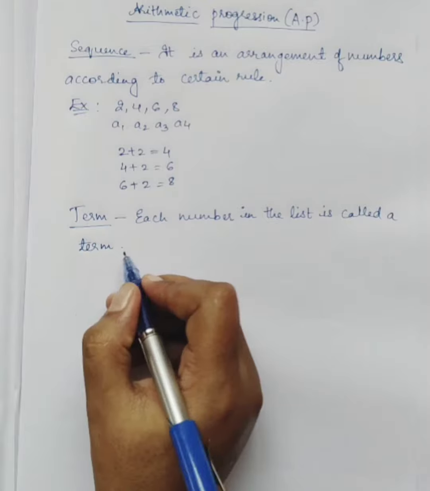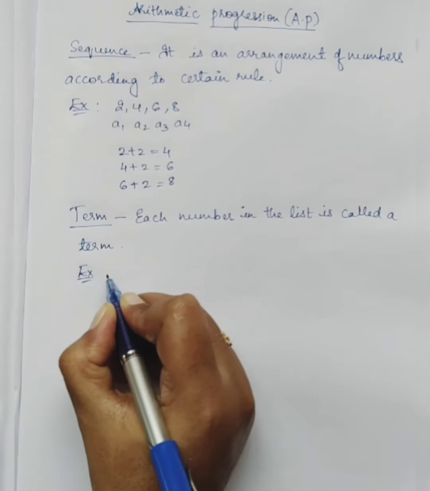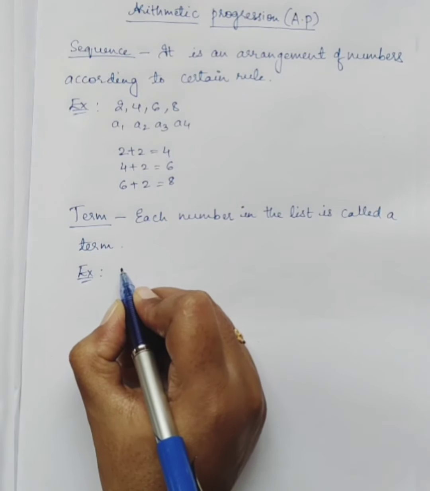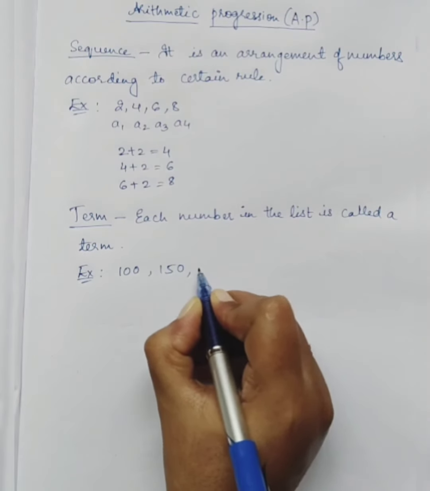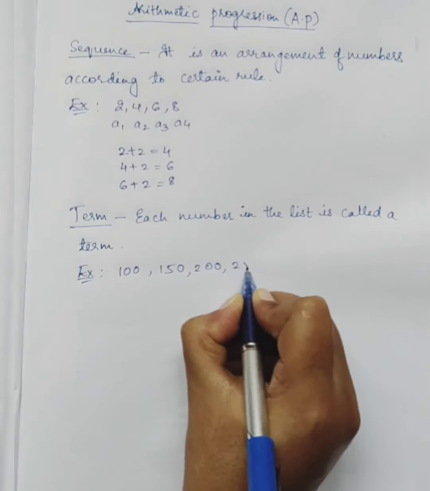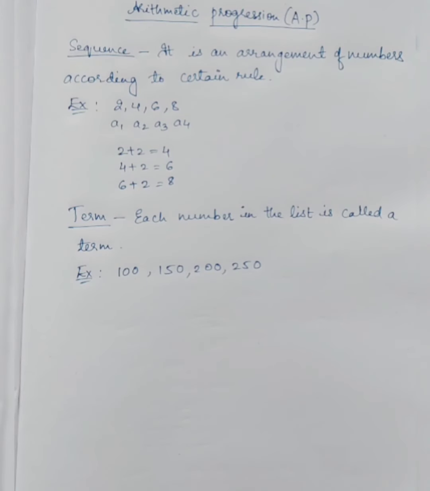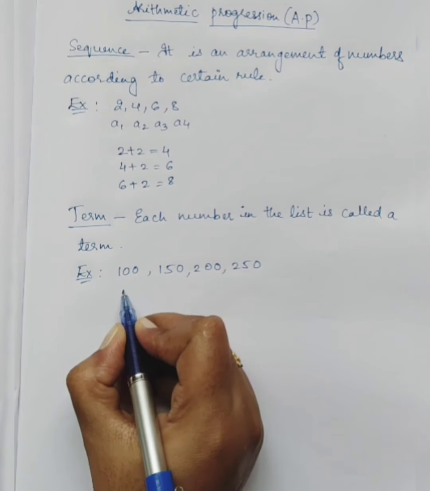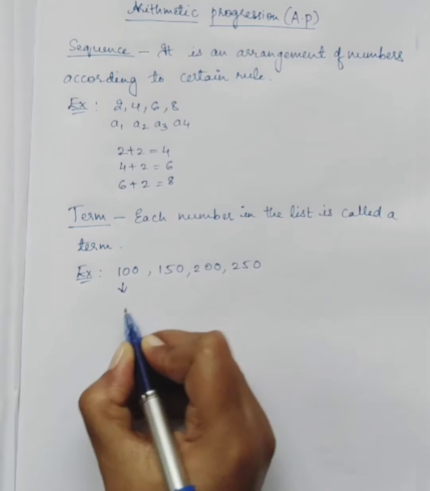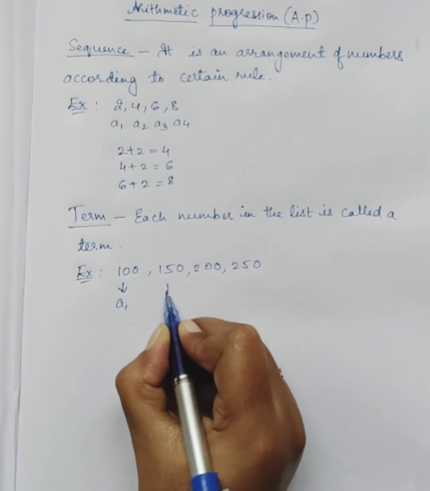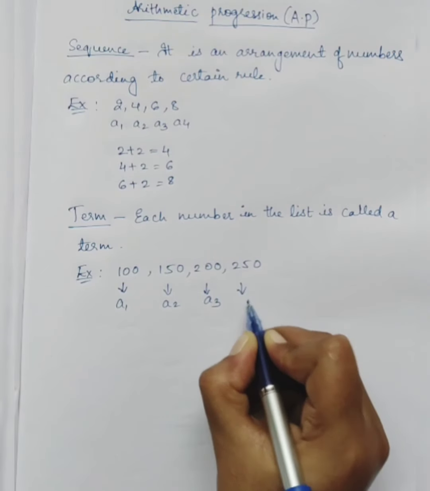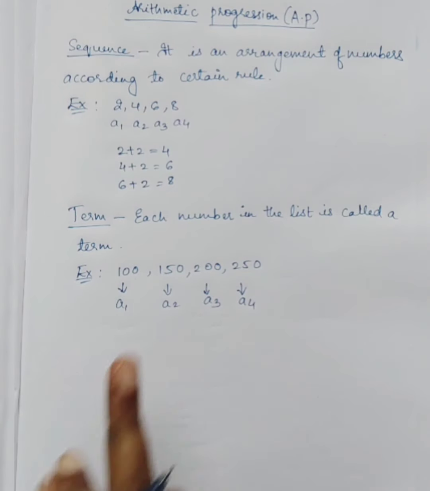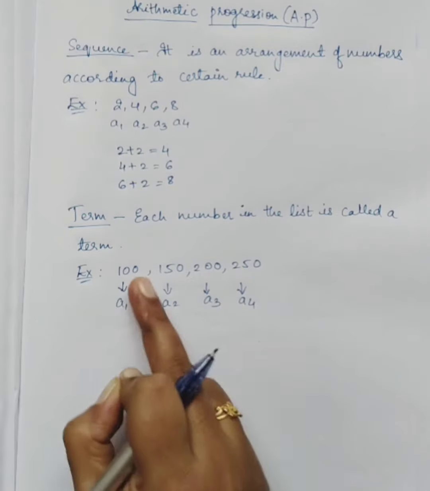So I'll give you the example as 100, 150, 200, 250. So the first number is denoted as A1, second as A2, third as A3, fourth as A4. So each number is called term.